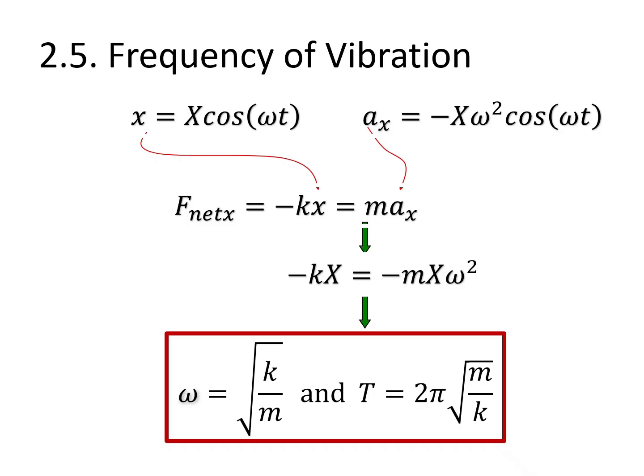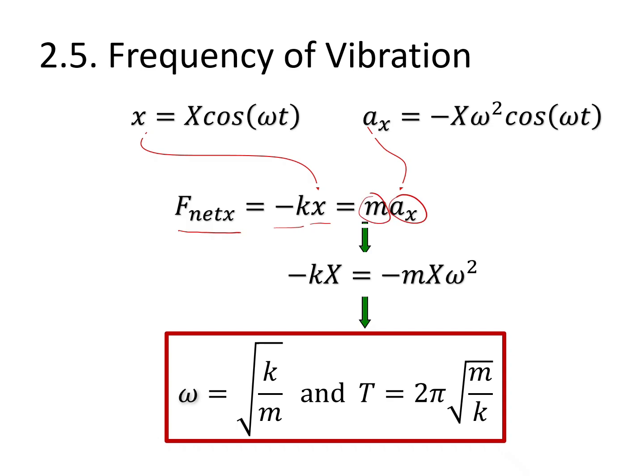Next, we will derive the frequency and period of a mass spring oscillator using Newton's second law and Hooke's law. We start with two ideas. First, from Hooke's law, the spring force equals negative spring constant times displacement. Second, from Newton's second law, the net force equals mass times acceleration.